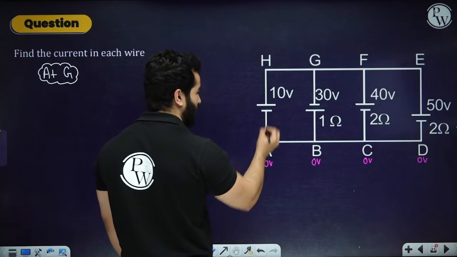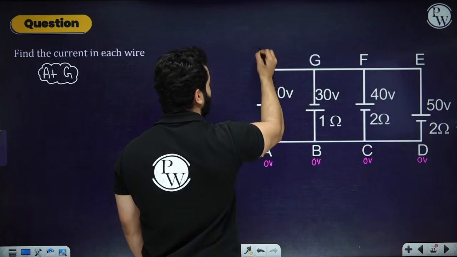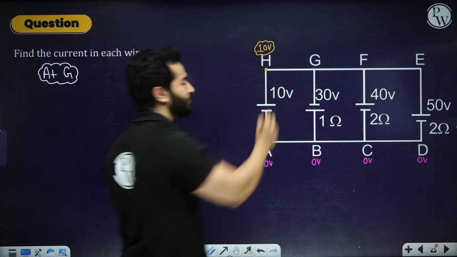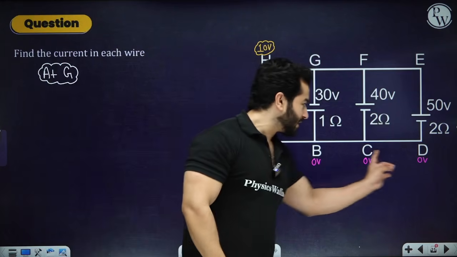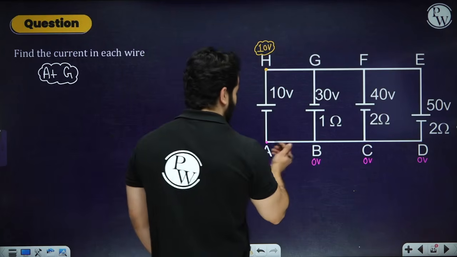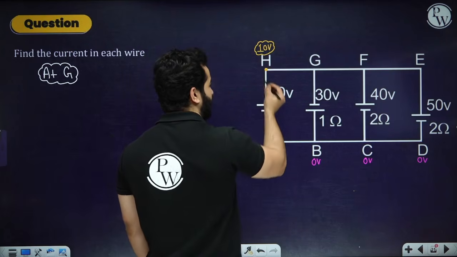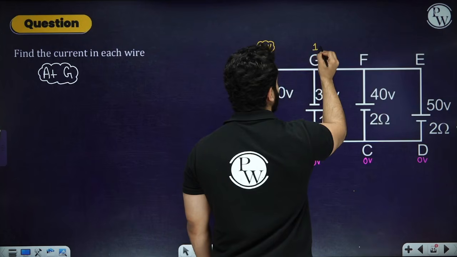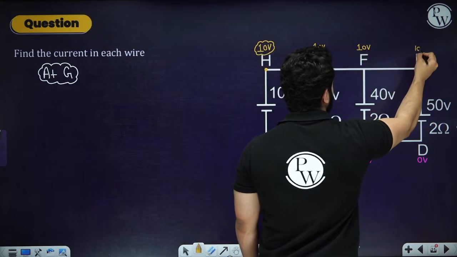That means if this is 0 potential, I must assume this thing to be 10 volt. Is that clear? There is nothing wrong in assuming these at 0 potential. So if this point is at 0 potential and there is no resistance in this branch, this will be at 10 volt. And again, this is a clean wire, so this will be at 10 volt, this will be at 10 volt, this will be at 10 volt.